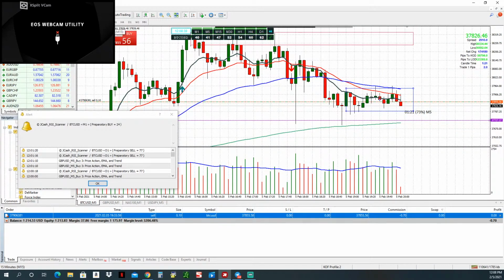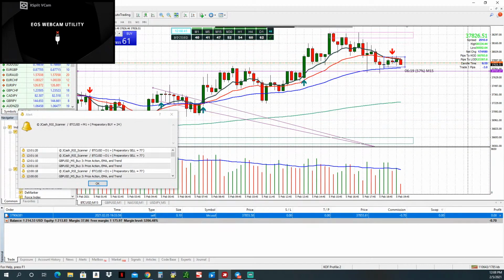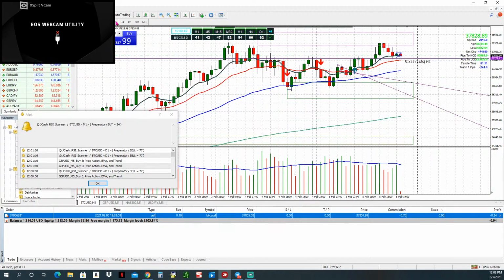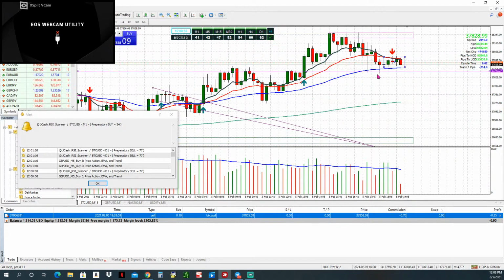5-minute chart. Look at it. Just go up here to look for confluence, to see what it's doing up here.